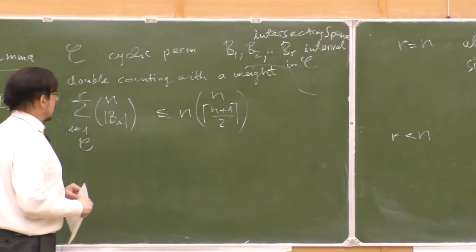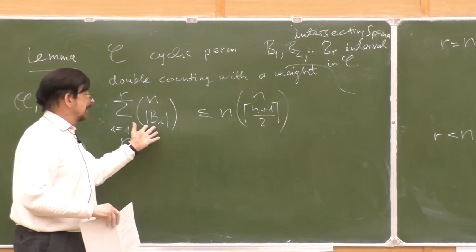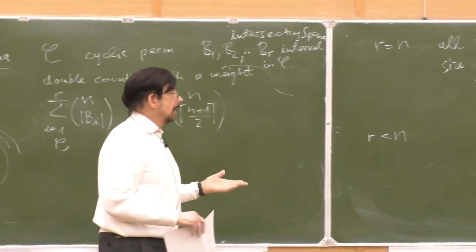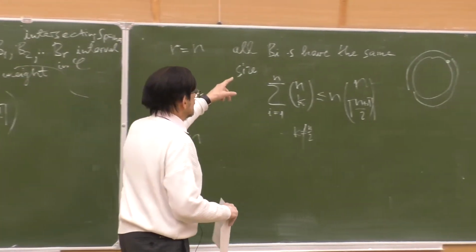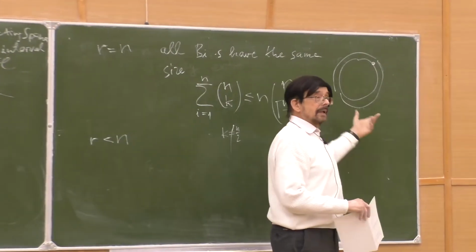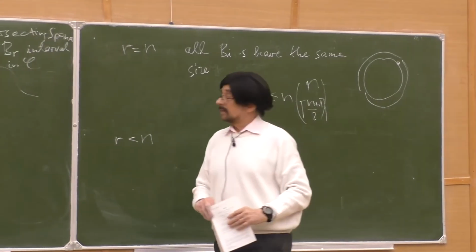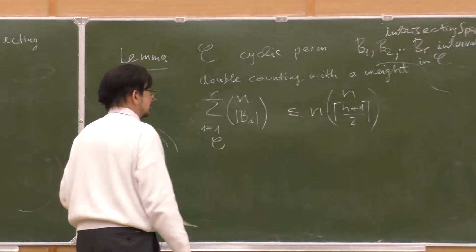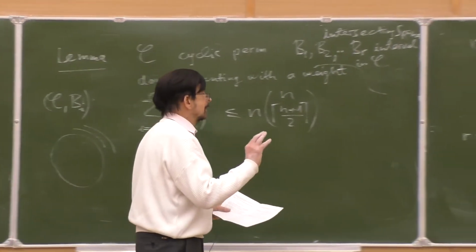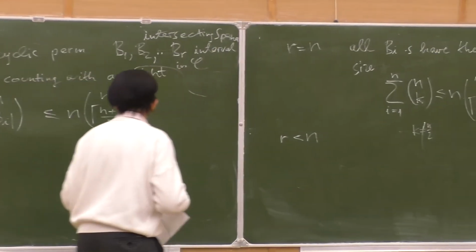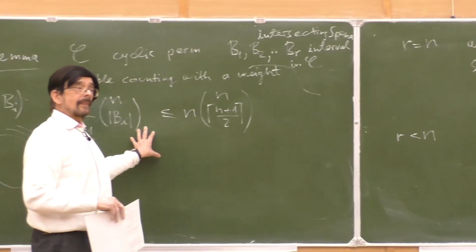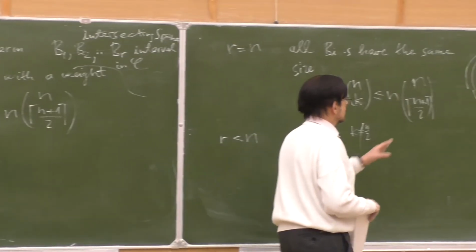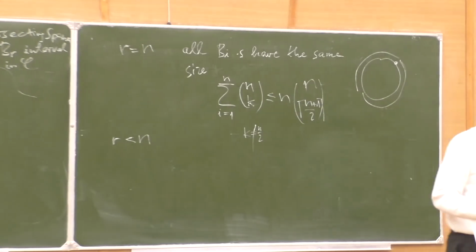So the best thing would be to take n half everywhere. But as I mentioned here, this is impossible. It's impossible to have too many of them. So n half element sets along the cycle, how many can we have?